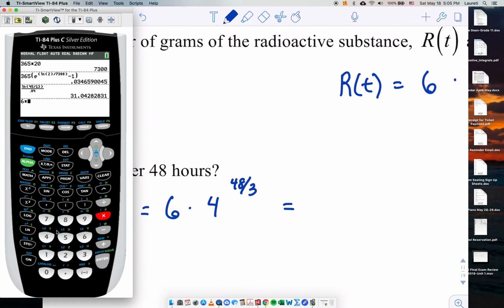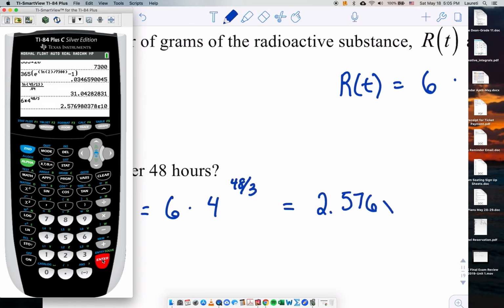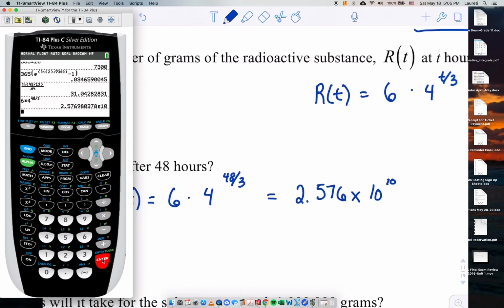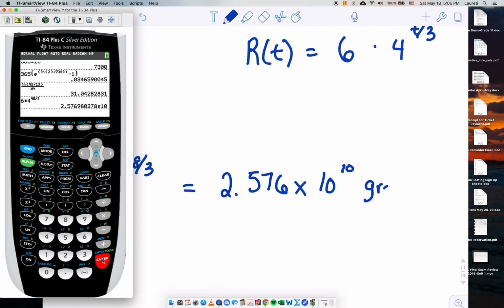So 6 times 4 to the 48 over 3. All right, so that's 2.576 times 10 to the 10. It's pretty big. That's a lot.